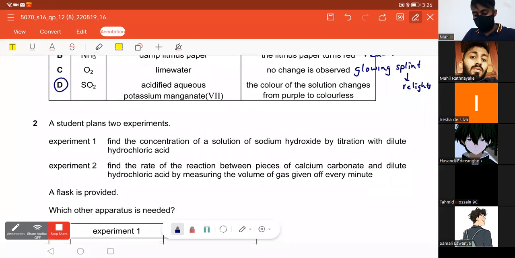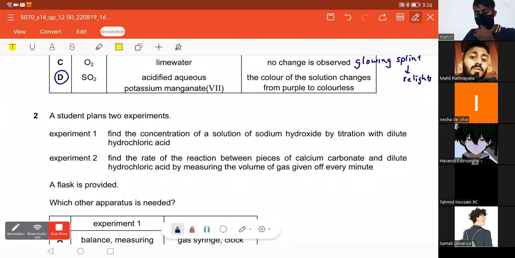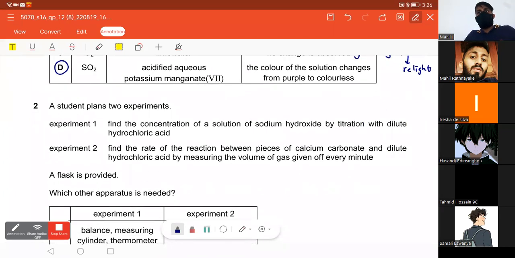Second one, read the question. Find the concentration of the solution of sodium hydroxide, and experiment 2: find the effective reaction between pieces of calcium carbonate and acid by measuring the volume of gas.